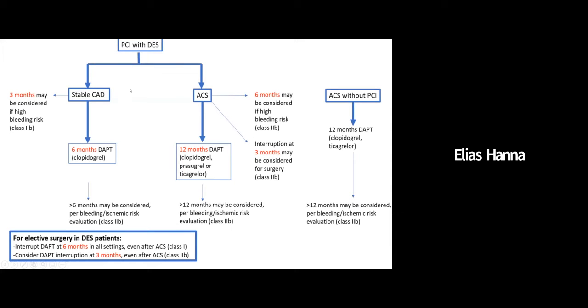So basically, stable CAD, the default is 6 months, 3 months if needed. In ACS, 12 months, and 6 months is okay if needed. And actually, 3 months is okay for surgery. Again, class 2B, only for surgery, brief temporary interruption, class 2B.